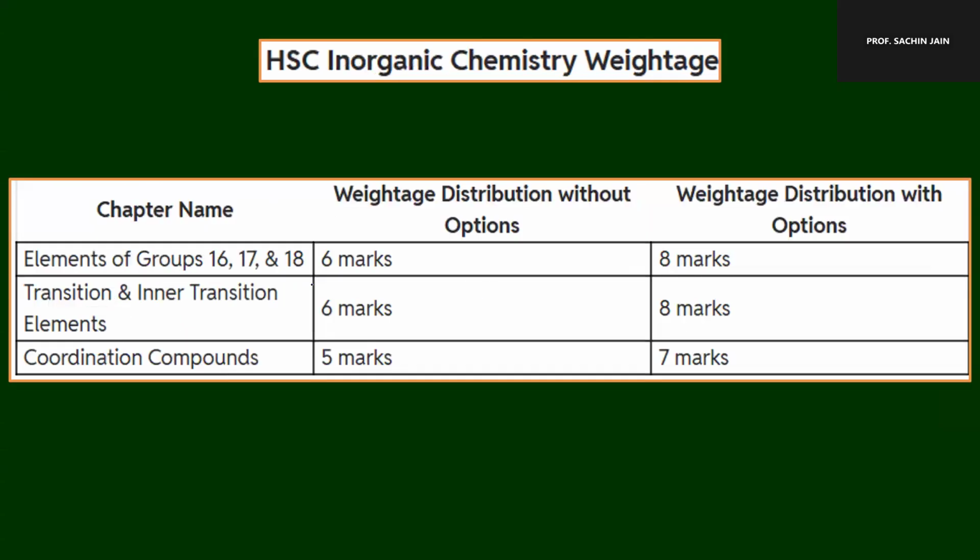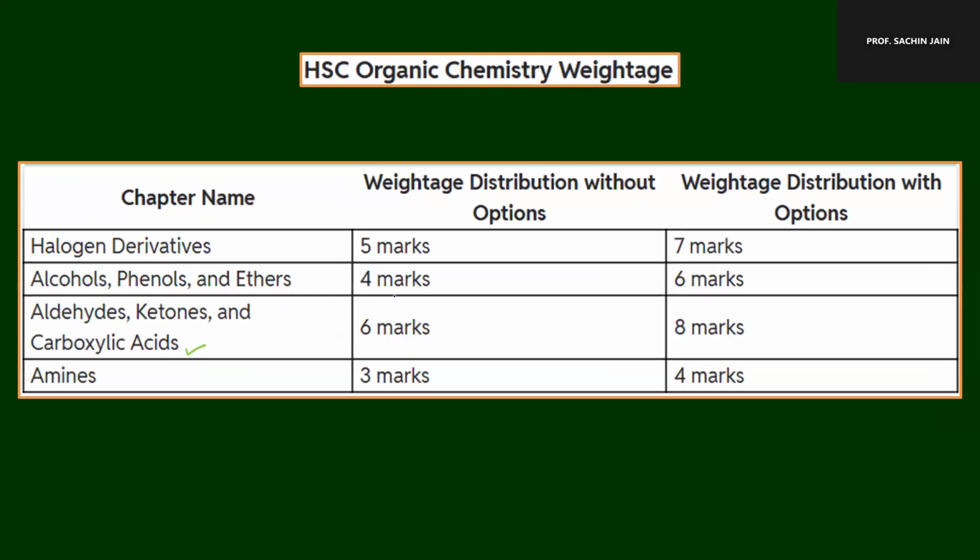Then in inorganic chemistry there are 3 chapters. Group 16, 17, 18, that's the P block elements. Then transition and inner transition, which is nothing but your D and F block elements, and the coordination compounds. Then in organic chemistry, there are 4 important chapters which are very, very important for your boards and for your NEET.